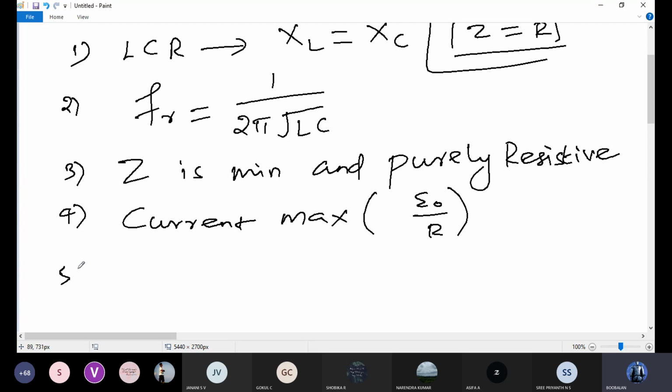Fifth condition, the power dissipated in the circuit is maximum.